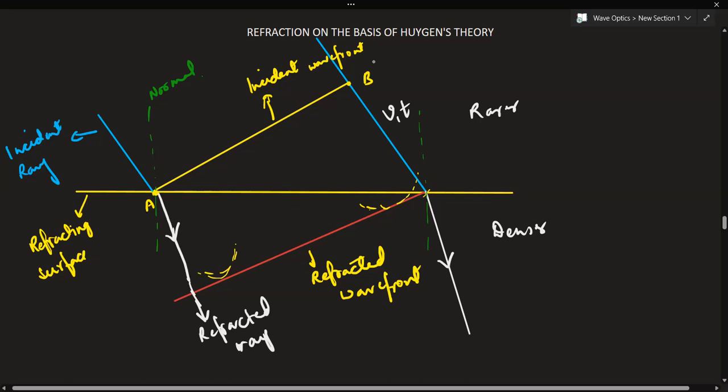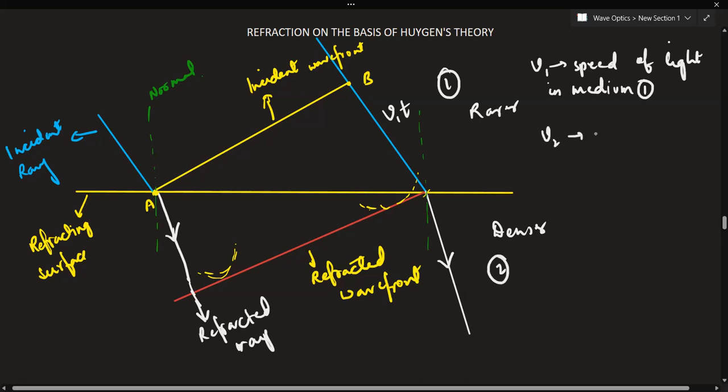The speed of light in medium 1 is V1, and this is medium 2, where V2 is the speed of light.